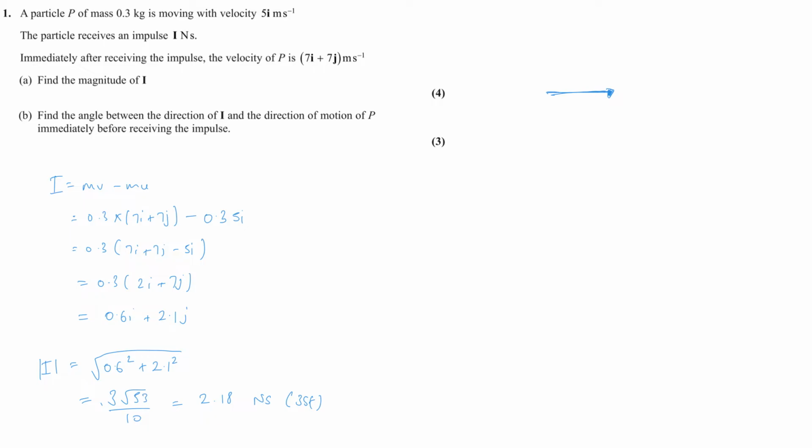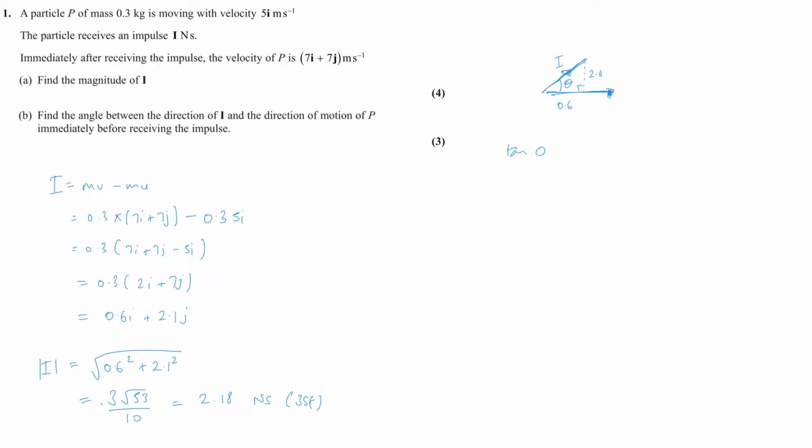And then the impulse is 0.6i, 2.1j, so it's going up this way somewhere, and that is I. So 0.6, 2.1, and call that theta.